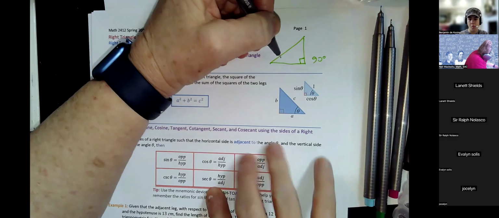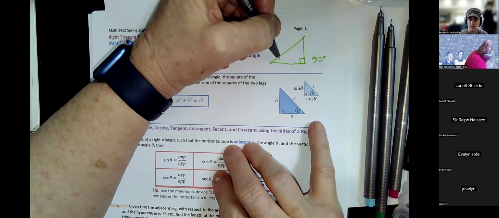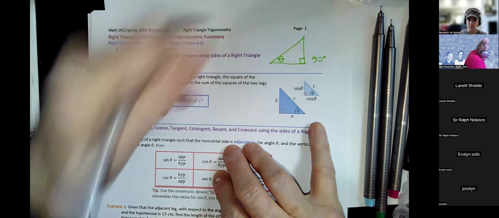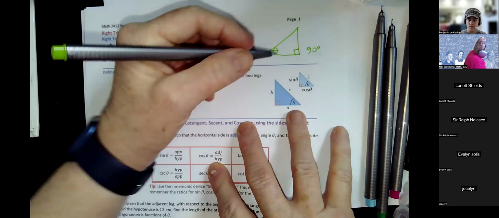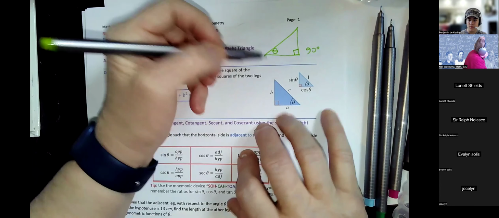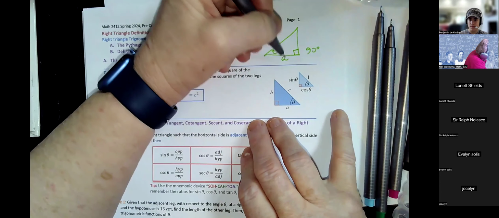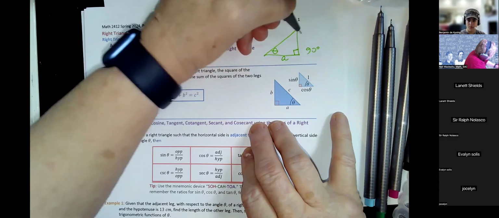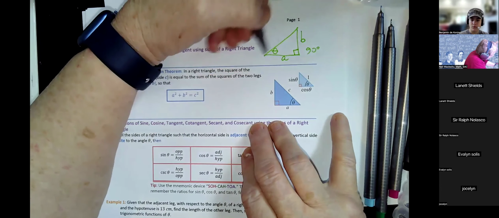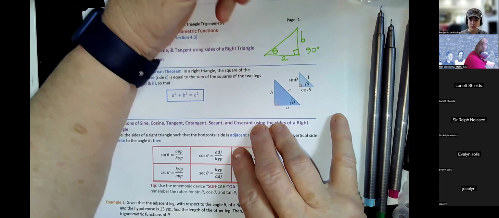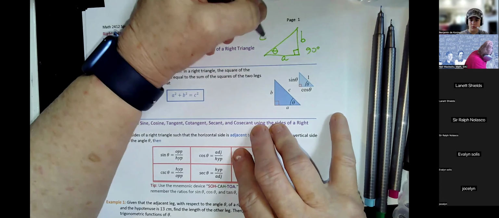Let's call one of the other angles theta. Almost always people call the horizontal leg A, the vertical leg B, and the slanted one is not a leg, it's the hypotenuse.